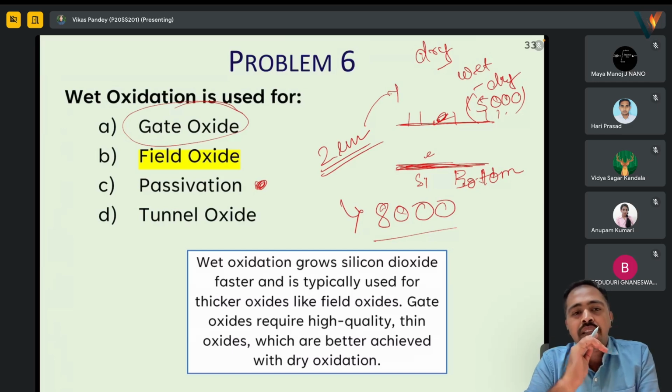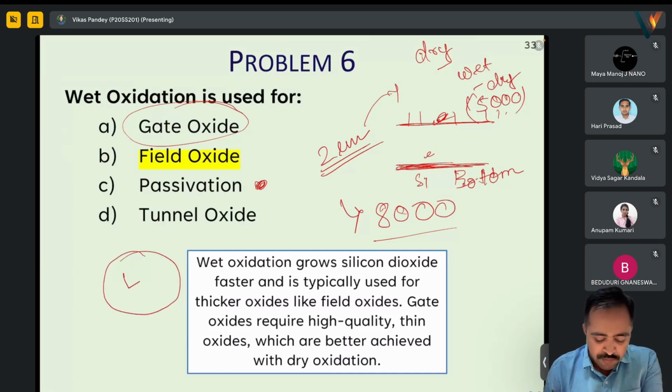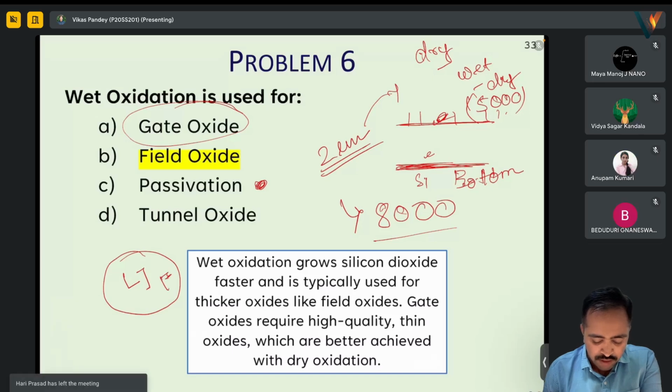But in that case, you will not be doing passivation. Passivation is when you have made the circuit, say you have some metal contacts here, here, here, and you are covering these parts except for pads. Everything you are covering with something.